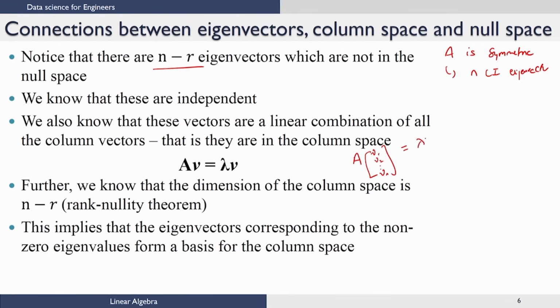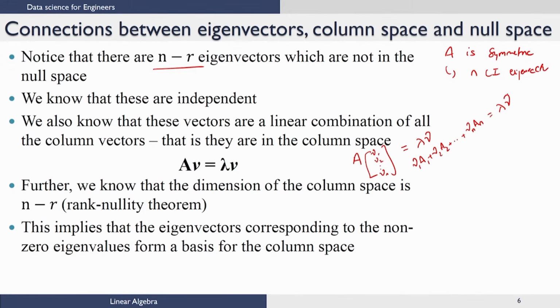I can write this as lambda nu, and from the previous lecture on how to interpret this column multiplication, you could think of this as nu 1 times the first column of A plus nu 2 times the second column of A all the way up to nu n times the nth column of A equal to lambda nu.